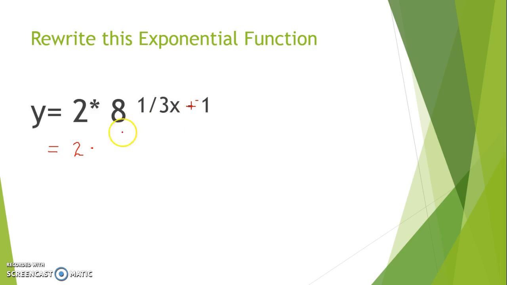So since we have addition here, this is going to be 8 to the 1/3 x times 8 to the negative 1. I'm going to bring my 8 to the negative 1 up front here. 2 times 8 to the negative 1. And then I'll have my 8 to the 1/3 x over here, just so I can have my a's together.